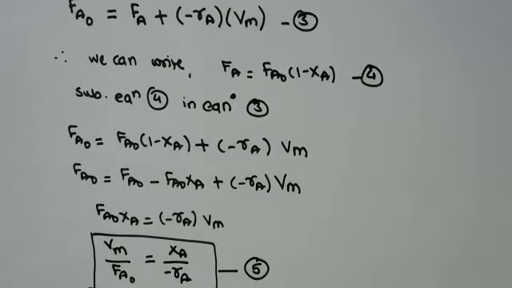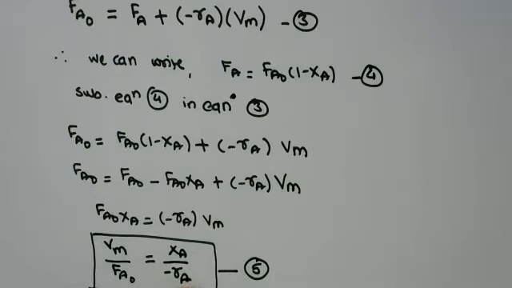This is one form of the performance equation for the mixed flow reactor, where Vm is the volume of the mixed flow reactor, FA0 is the molar feed rate of reactant A, XA is the conversion of reactant A, and minus RA is the rate of disappearance of A.